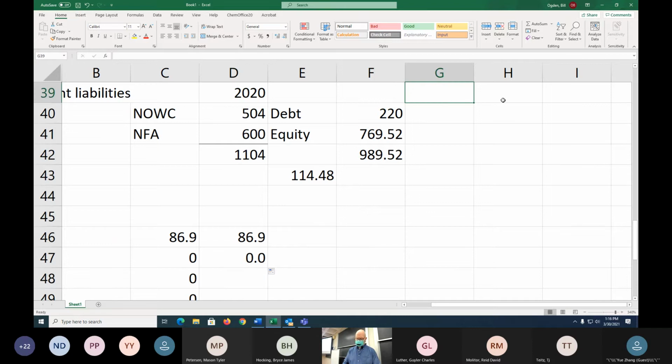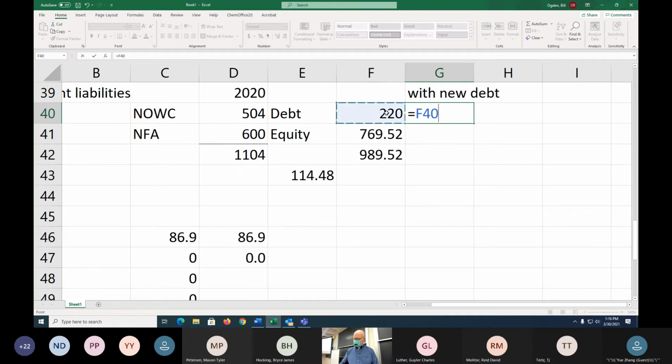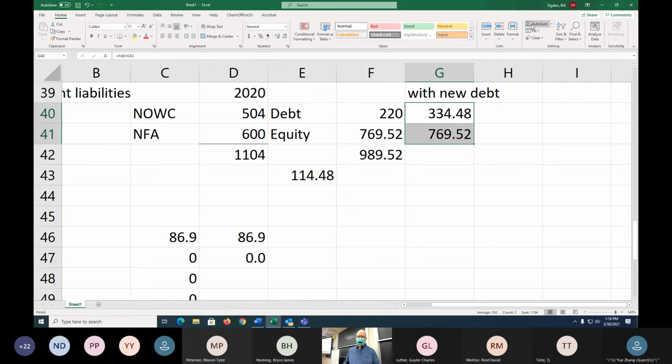So with new debt, we're going to say it equals 220 plus the 114.48, and then equity stays the same. And I can add these together, and I get the same 1104, which I have on the other side.